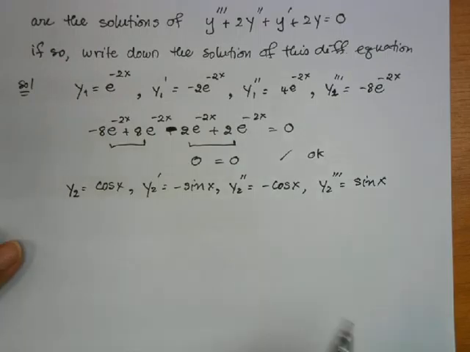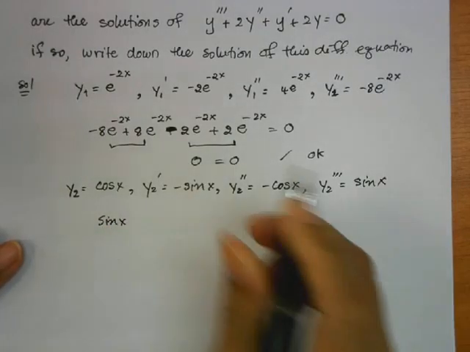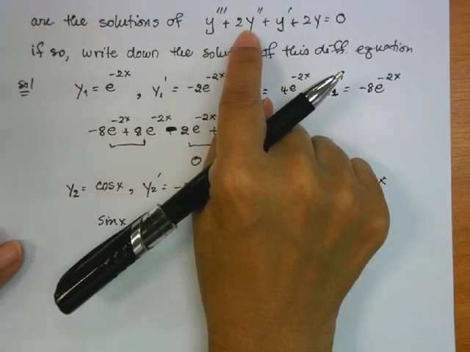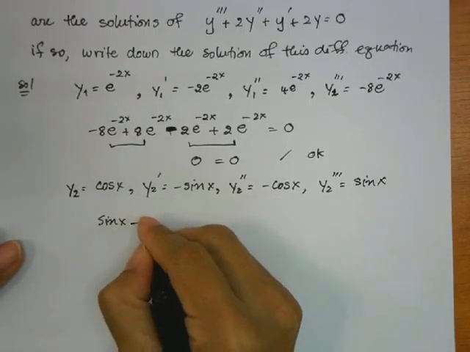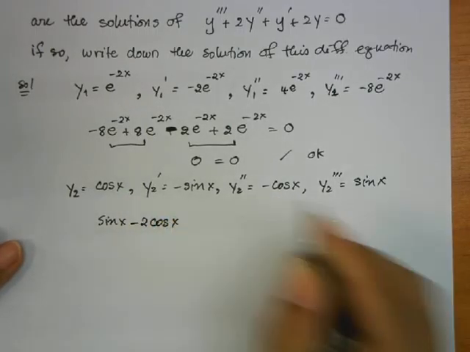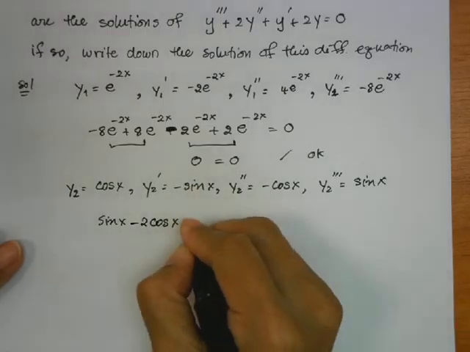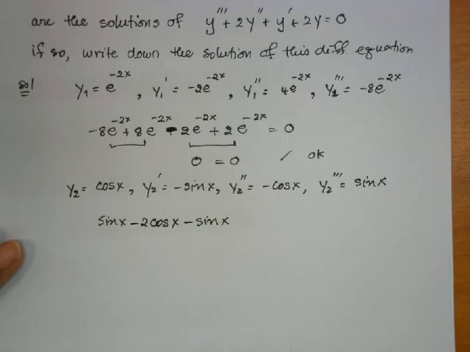So you would get plus sin x, 2 times the second derivative of y, minus 2 cos x, and then plus the first derivative of y and plus 2y.